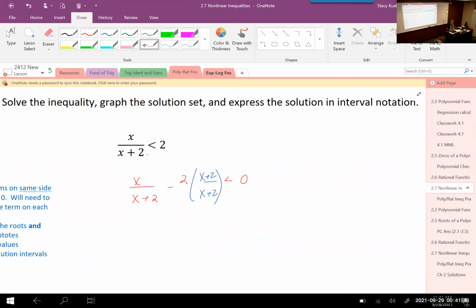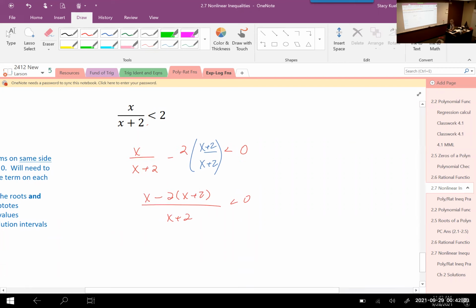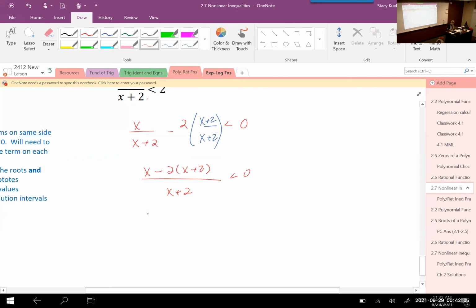So that's going to give me in the numerator, x minus 2 times x plus 2, if I combine it, all over the denominator that we made common. So I get that. Now I'm going to simplify the numerator by distributing, getting rid of the parentheses.